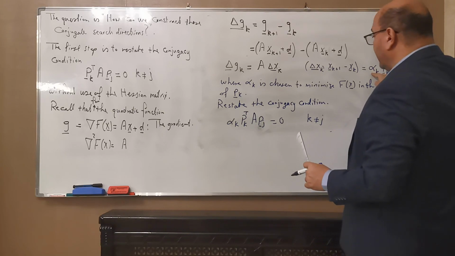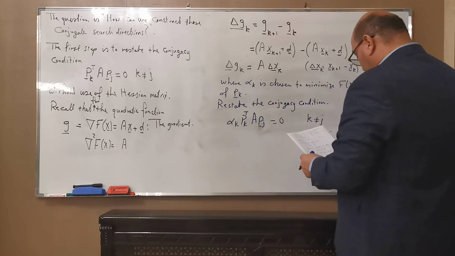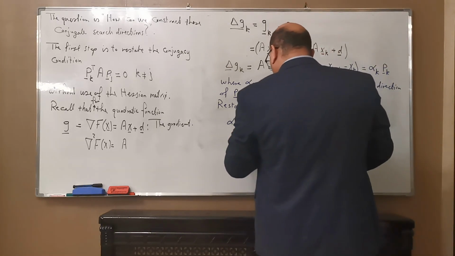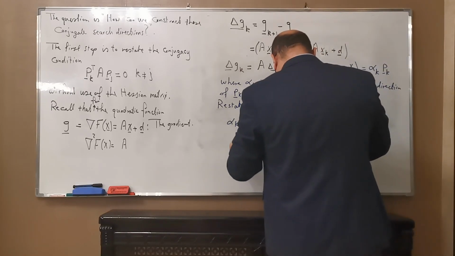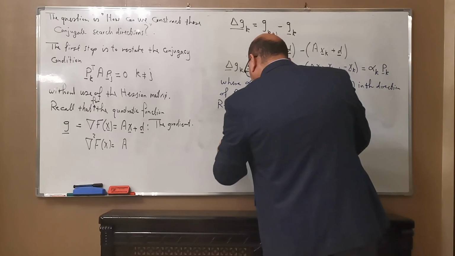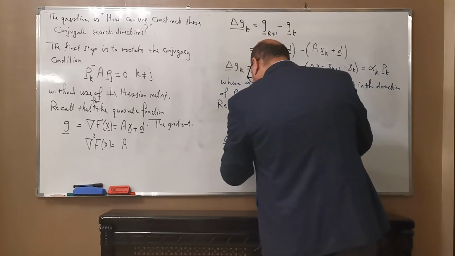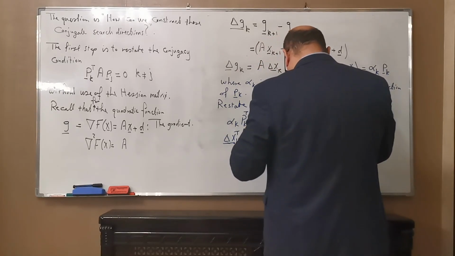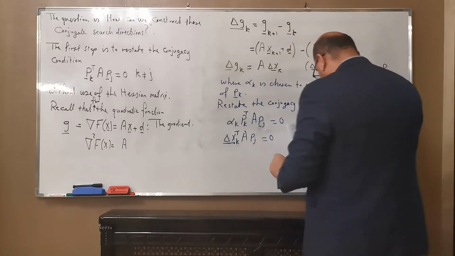Now, alpha k is a constant, so alpha k p k transpose can be said to be delta x at k transpose. So delta x k transpose A p j equals 0.